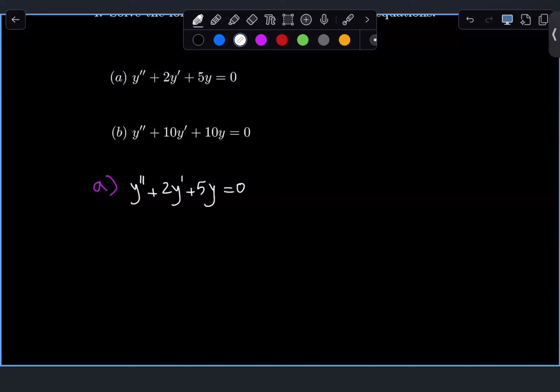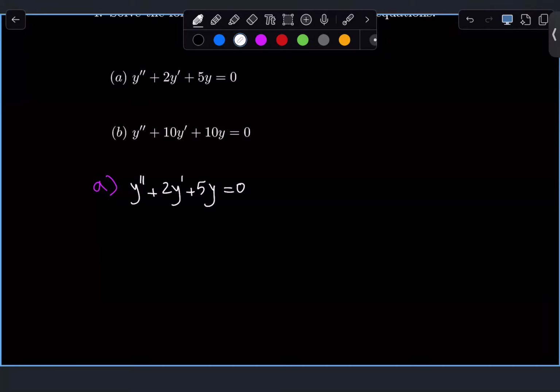So first question is which case? Case 3, complex conjugate roots.